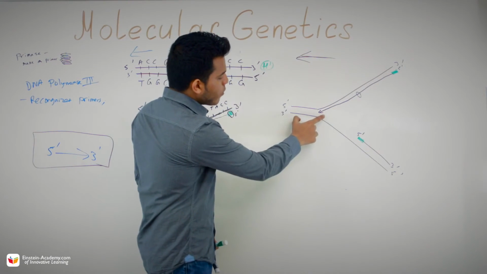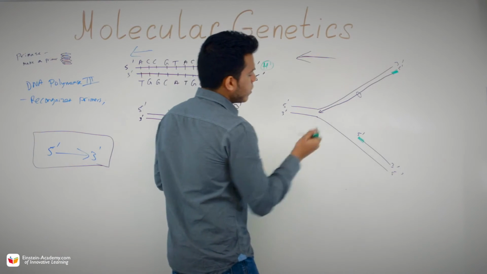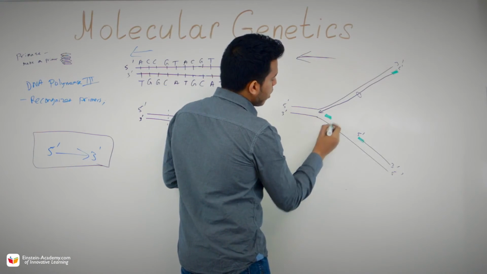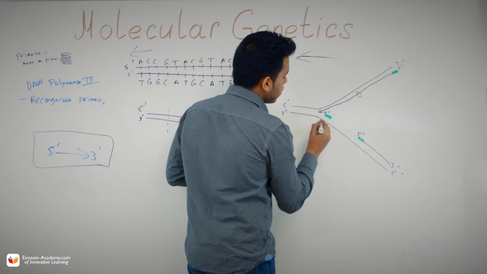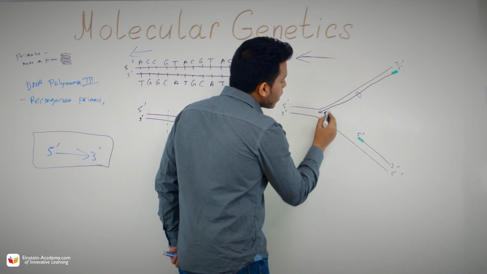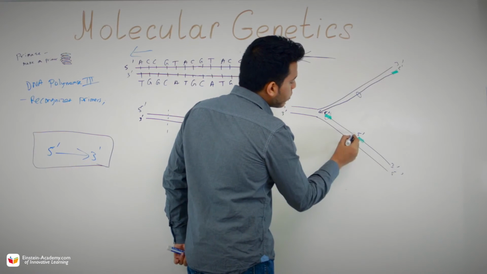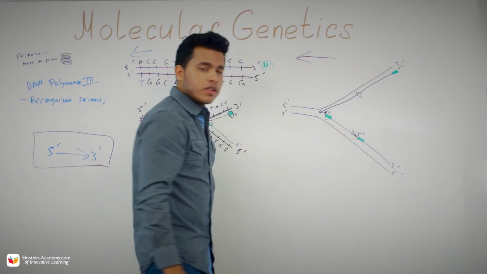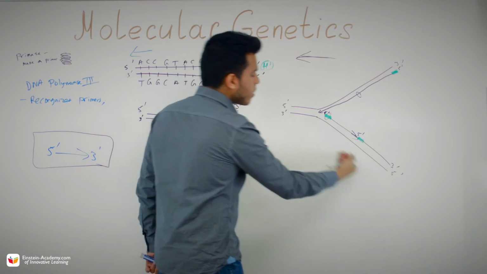If I set another primer over here, guess what? If I put a primer over here, now this will become my 5' region. And what will happen? DNA pol 3 will come in and it's going to synthesize from the 5' direction to the 3' direction. Do you see that? We have multiple primers on the bottom strand.